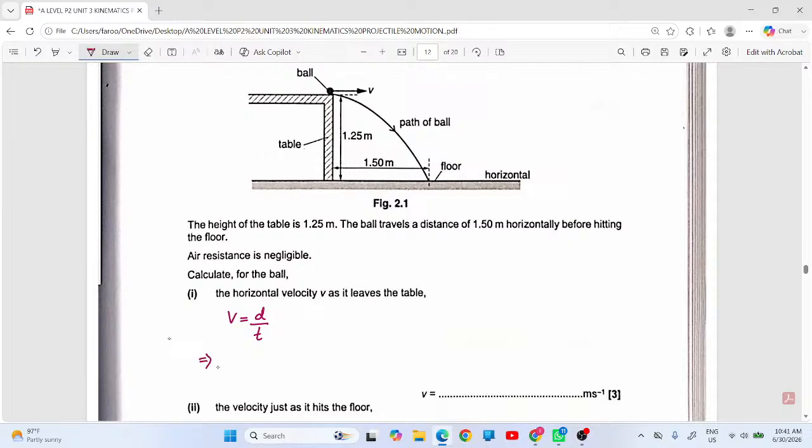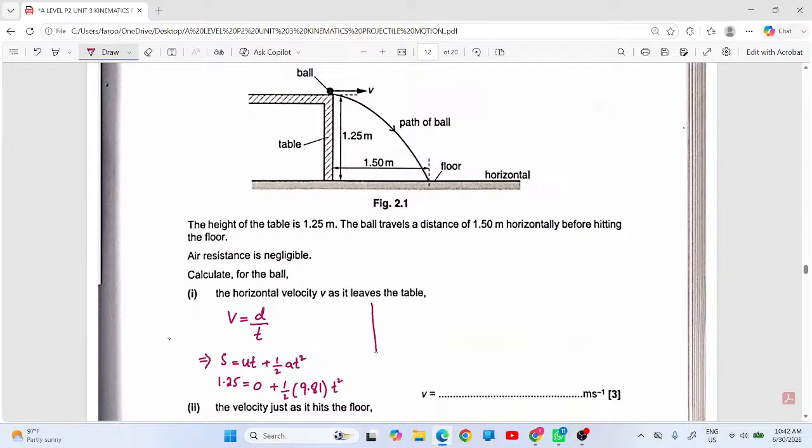Now time कैसे? s equals ut plus 1 by 2 at square लगाते हैं. Along y-axis, the height is 1.25 and the initial vertical component of the velocity is 0. a is 9.81.